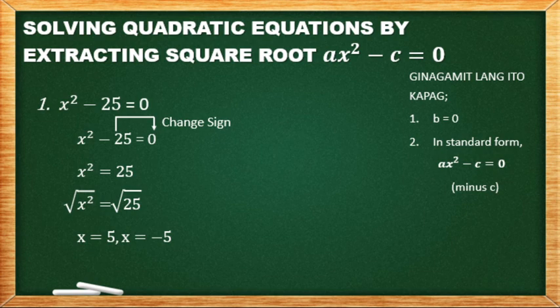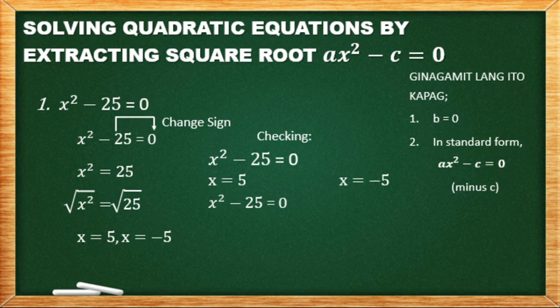Let us check if our answers are correct. By checking, x squared minus 25, substitute lang the value of x, where x is equal to 5 or x is equal to negative 5. So, x squared minus 25 is equal to 0. 5 squared minus 25 is equal to 0. 25 minus 25 is equal to 0.